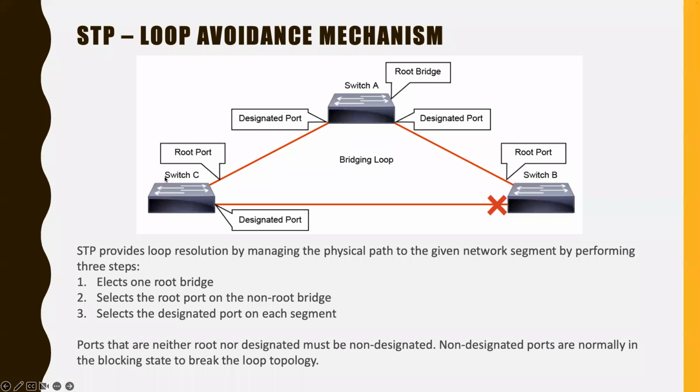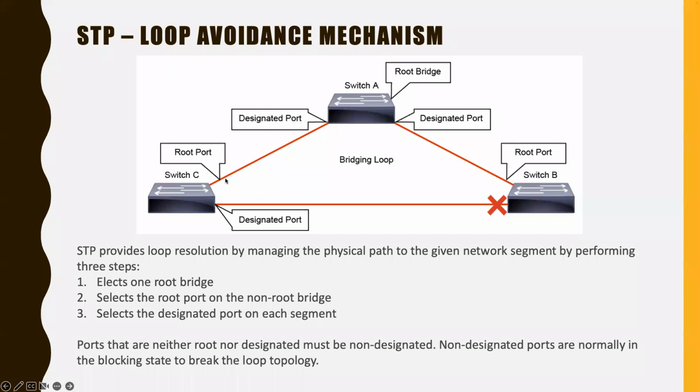As a next step, on our non-root switches, switch B and switch C, we elect a root port. The port connecting switch C to switch A was selected as a root port. Similarly, on switch B, this port was selected as a root port. So these two ports will be in a forwarding state.